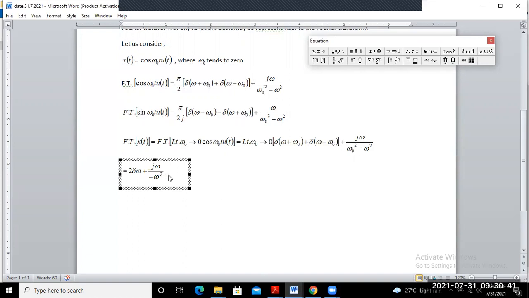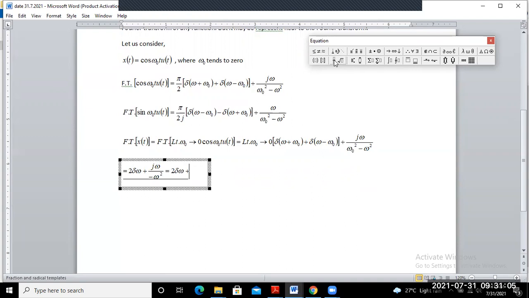So this Fourier transform is equal to nothing but pi into 2 delta omega, that is 2 pi delta omega, plus 1 by j omega.